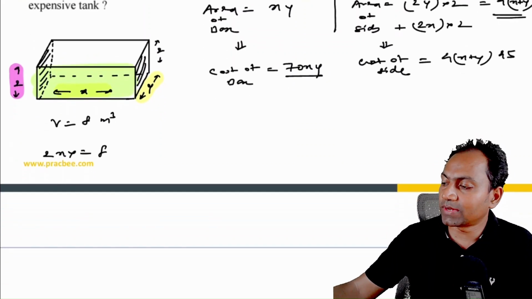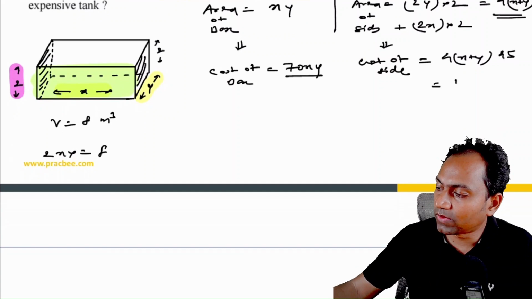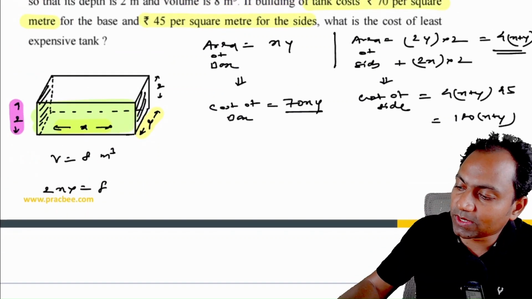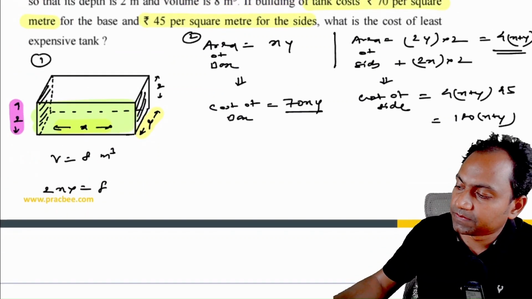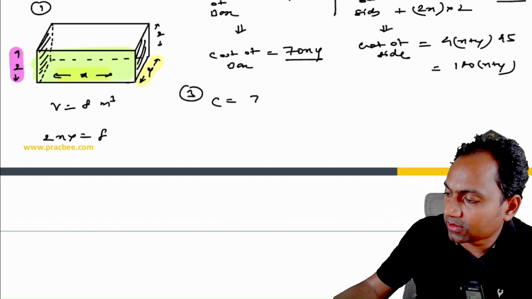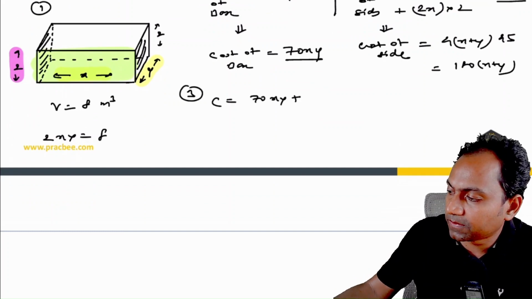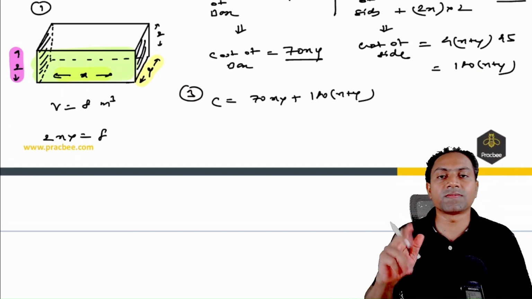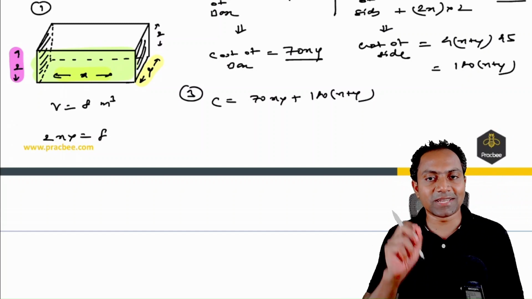So the answer that we are getting here is nothing but 180 times x plus y. So if I write a function of total cost, now this was my first part, drawing the diagram, second this. In the third step, C can be written as nothing but 70xy plus 180 times x plus y. Now here if you closely observe, there are two variables, x and y both.